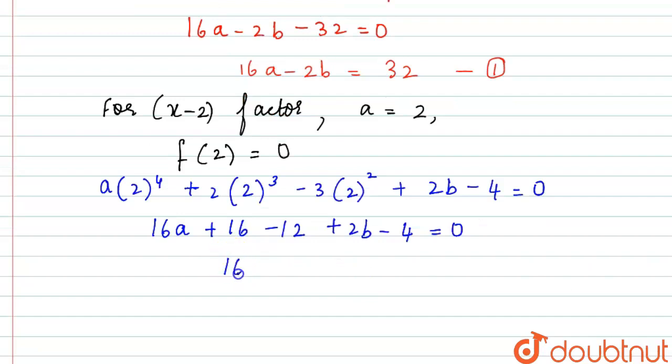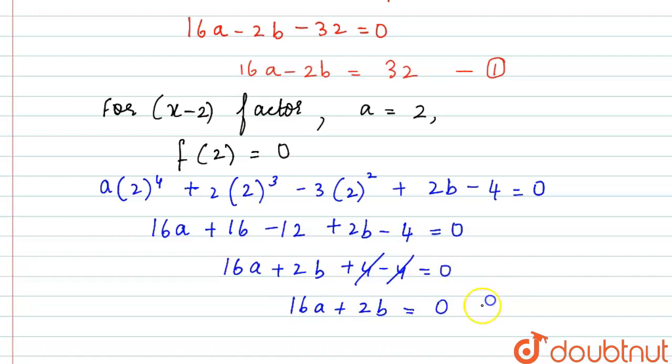Now here we'll have 16a plus 2b, and here 16 minus 12 is plus 4, and minus 4 equal to 0. Plus 4 minus 4 gets cancelled, and we have 16a plus 2b equal to 0. We'll take this as equation 2. Now we need to solve equations 1 and 2 to get the values of a and b. So if we see that if we add these two equations, then the b term gets cancelled.